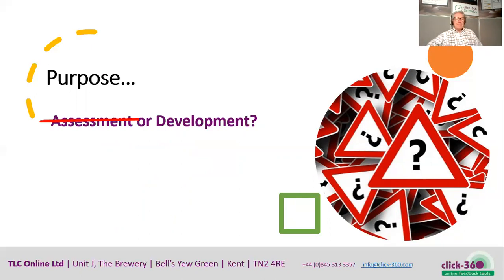And another benefit of doing it this way is it sends a clear message to participants and to raters that the 360 process is in no way related to the performance management system, and that will encourage more reliable results.